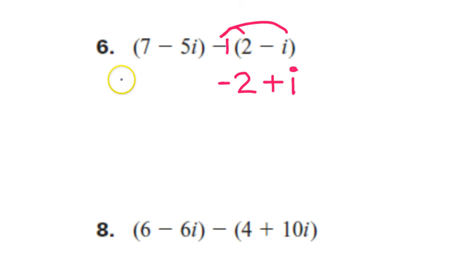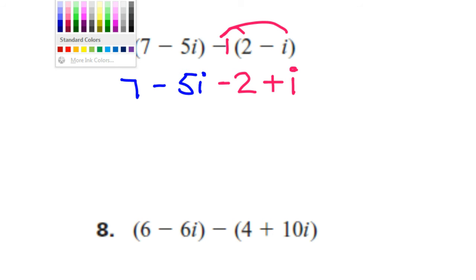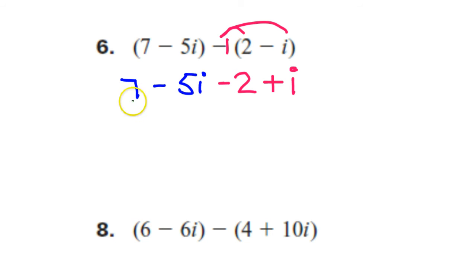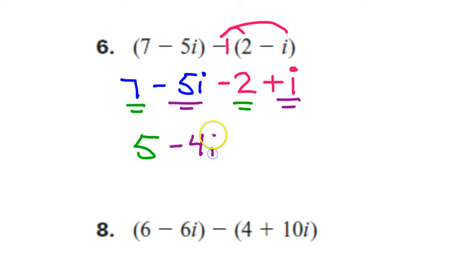Meanwhile, this part, I'm just going to bring it down, 7 minus 5i. Now we can combine like terms again. So the 7 and the minus 2 together, that's going to make 5. Alright, and then the negative 5i and the positive 1i, that makes negative 4i.